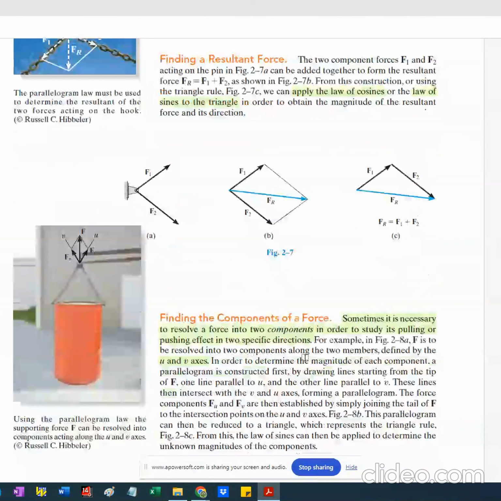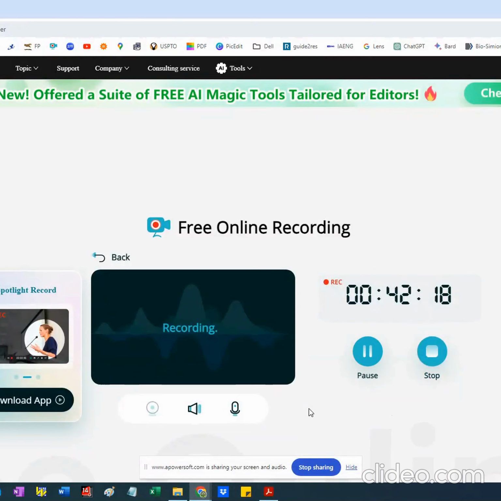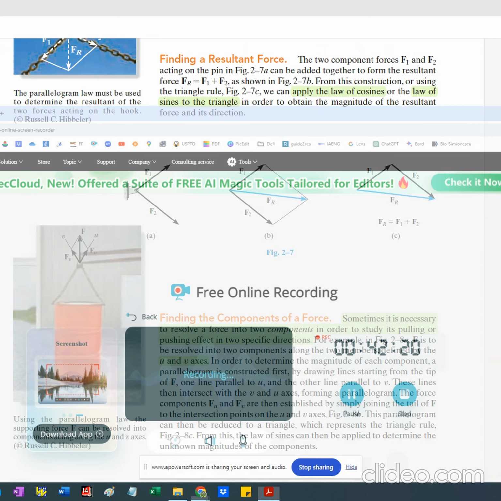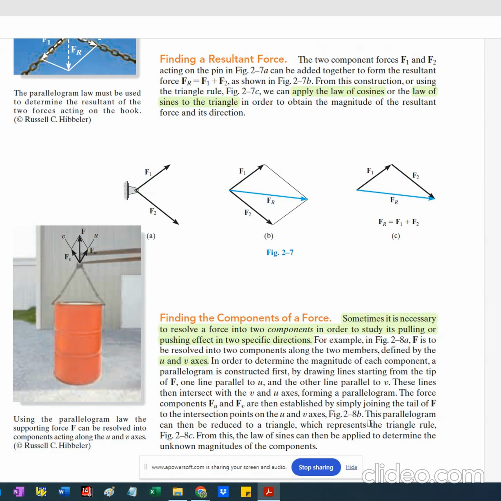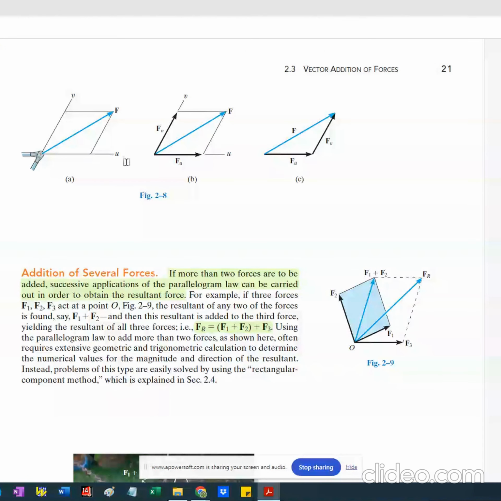So finding the components of a force given the direction, how do you resolve it along the axis? Okay, so we have directions of interest U and V. How are we going to resolve F into the U and V components?